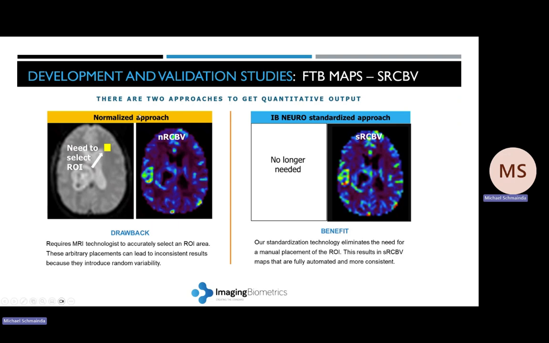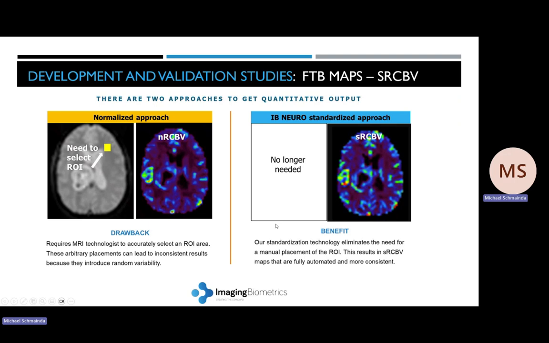One is where the user will manually place a reference ROI on contralateral white matter. And the manual placement, of course, takes time, does not allow for automated processing, but it also introduces inherent variability. The user must have some knowledge as to where to place the ROI, and many users are placing the ROIs on multiple slices just to get more consistent values.